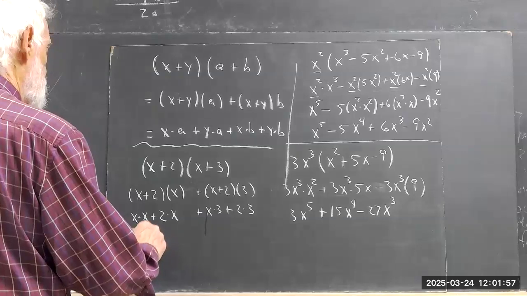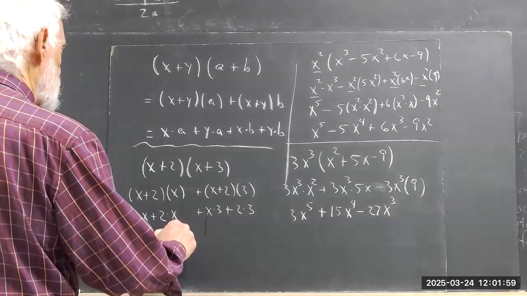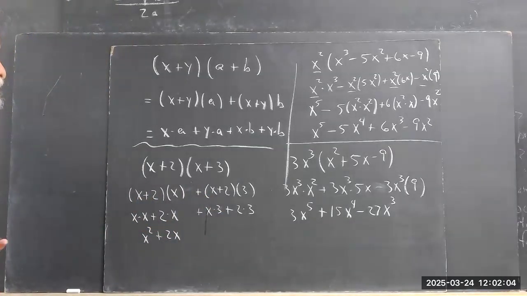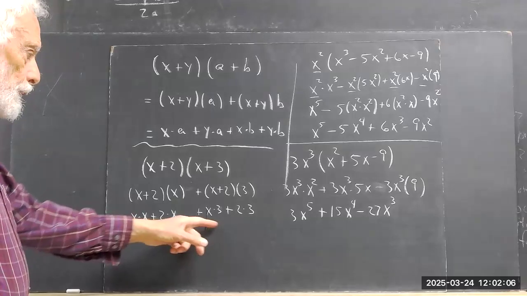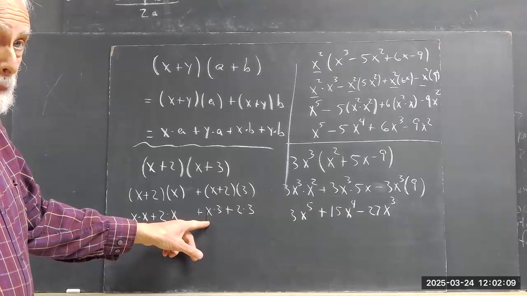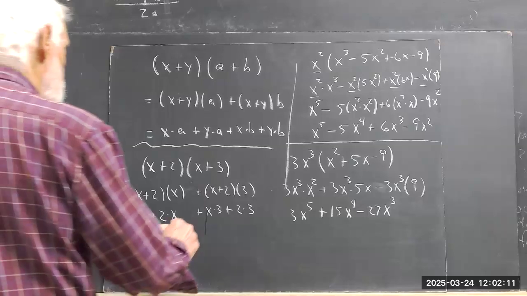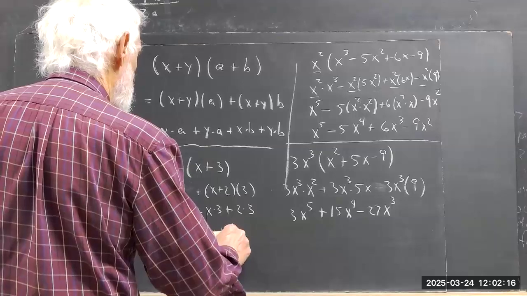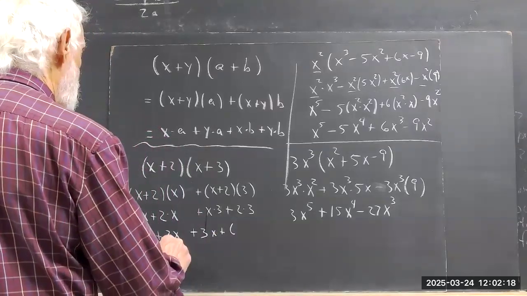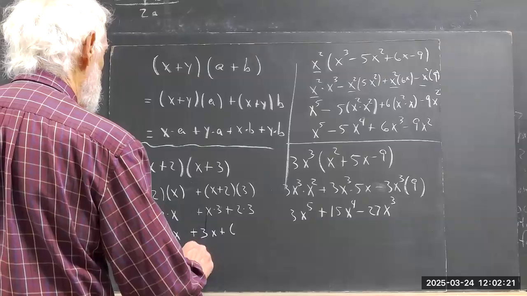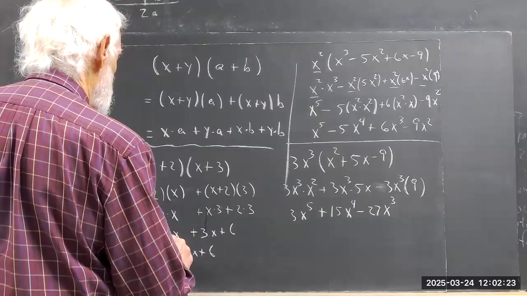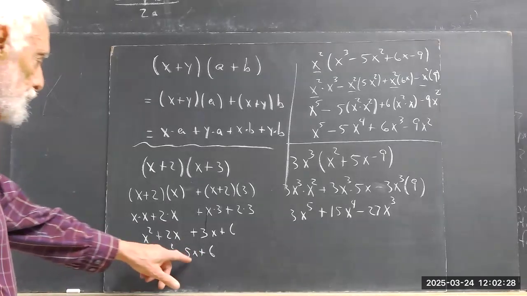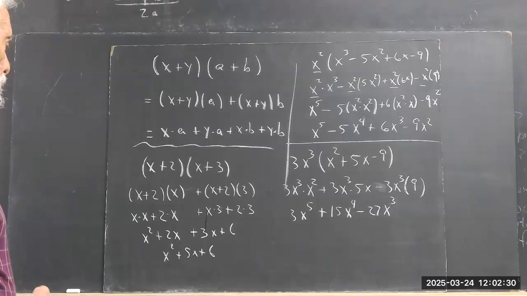So we end up with x squared plus 2x. Now x times 3, remember, grammatically, we want to put the number in front of the variable. So we write this as 3x plus 6. And since 2x and 3x gives us 5x, we got x squared plus 5x plus 6.